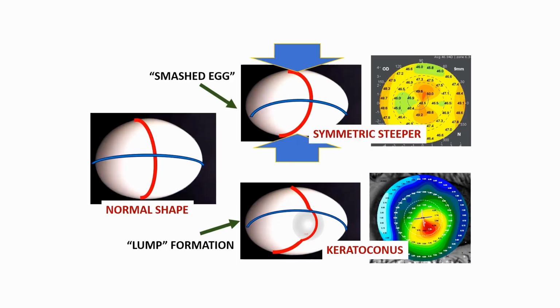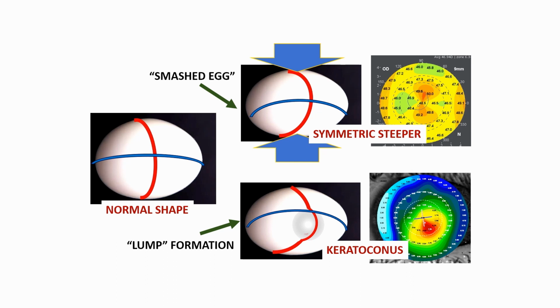Why do I say that it's not keratoconus? Imagine an egg. A smudged egg. Okay, these corneas are toric, where the egg is smudged from top to the bottom, but they don't have the lump.